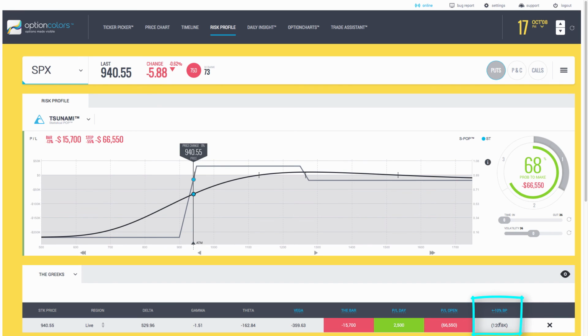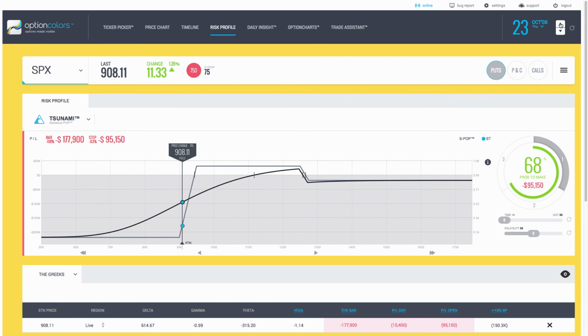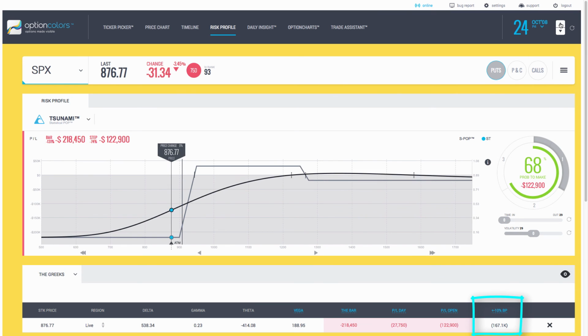Now, if you were to stay in the trade and size down, then note that your credit here, your bar at 31,000, is going to be way below zero, so you'll never be able to make back the money in this trade. As we go a few more days, margin again is at 150, trade's down almost 100,000.